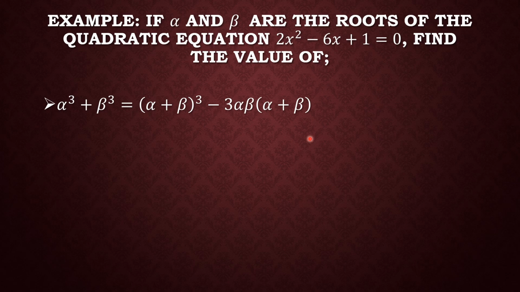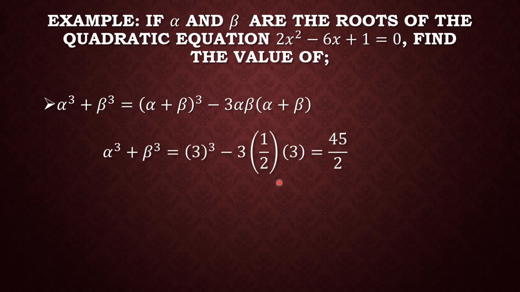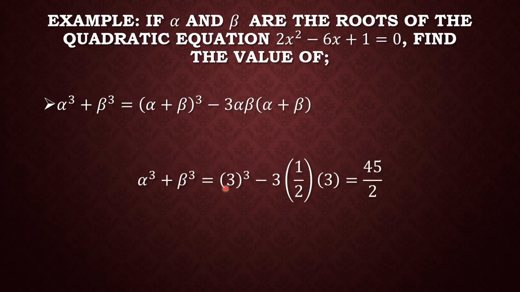So if you remember the expansion, you put the sum here, put the product here, put the sum here, and at the end we are going to get the expression to be sum power 3, 3 power 3 minus 3 times 1 over 2 times 3. When you evaluate this expression, we end up getting 45 divided by 2.